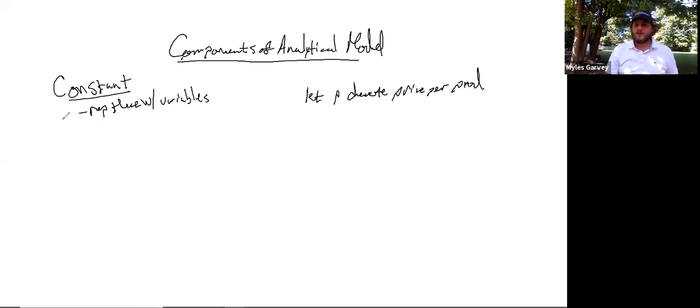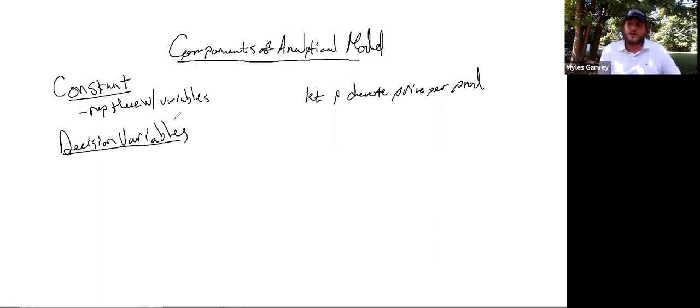The next thing we want to identify is a different set of variables, which are referred to as decision variables. These are quantities which do change over time. Usually, we consider these types of variables to be controllable. That is, we're the ones who are turning the knobs, so to speak, in the environment.